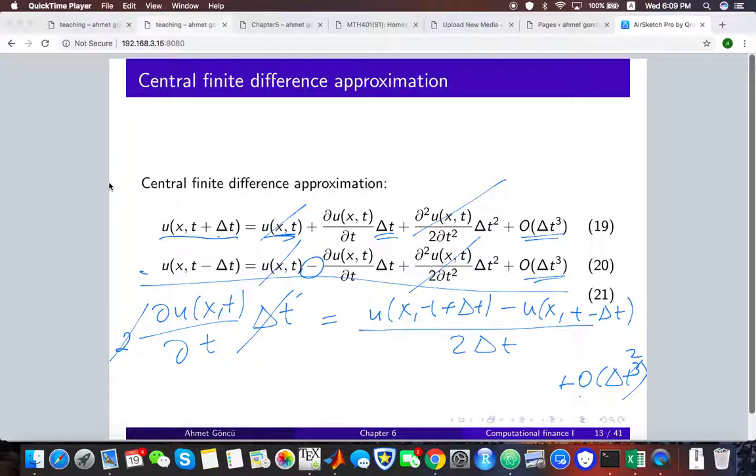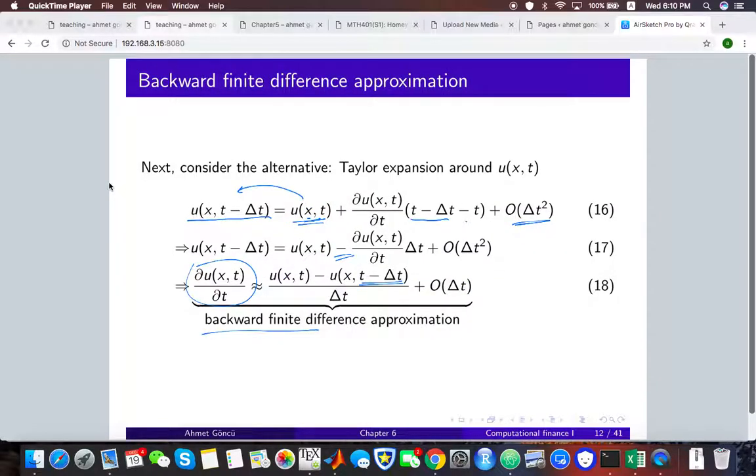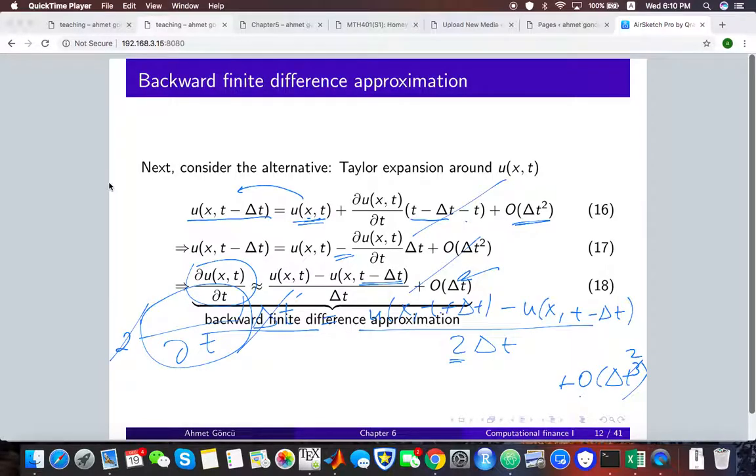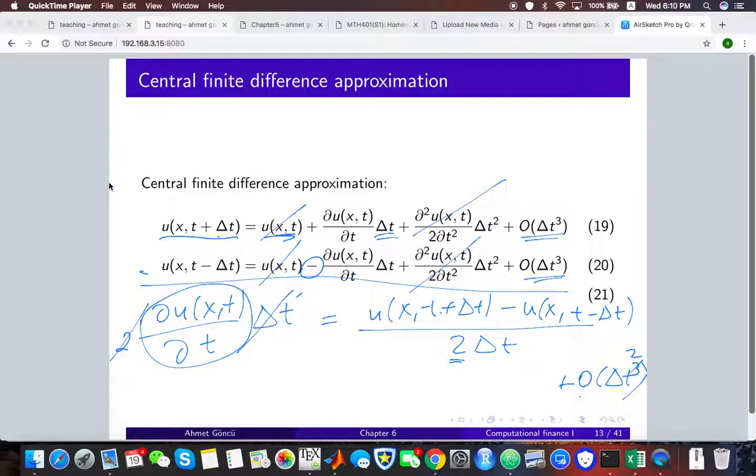This shows us that if we use the forward and backward time steps together, with this 2 times delta t, different from the previous case, we can approximate our partial derivative using a central difference approximation, and notice that this time we have big O delta t squared. Compared with the previous case, this is a better approximation than just big O delta t. So by using the forward and backward time steps together, we get a better accuracy, which is delta t squared.